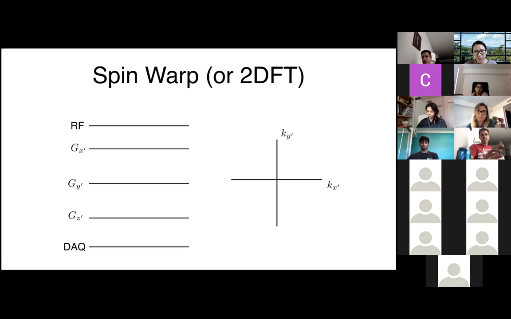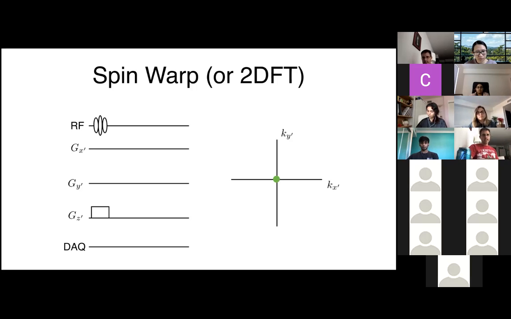When we first excite with the RF pulse, we create this probe in the Fourier domain. If we don't do anything, the probe is located at the 0 frequency. Then we're going to turn on some gradient fields.